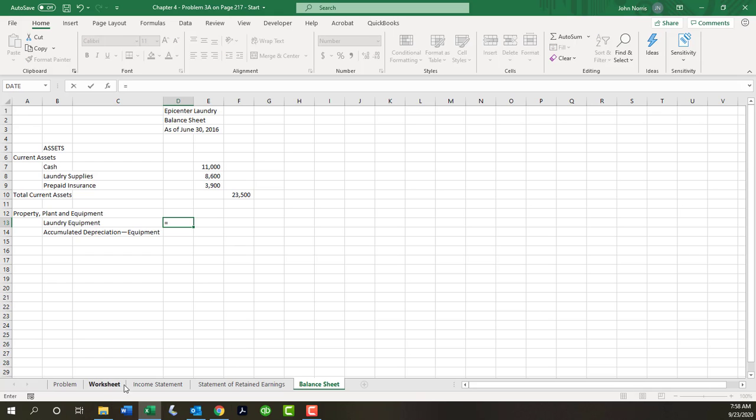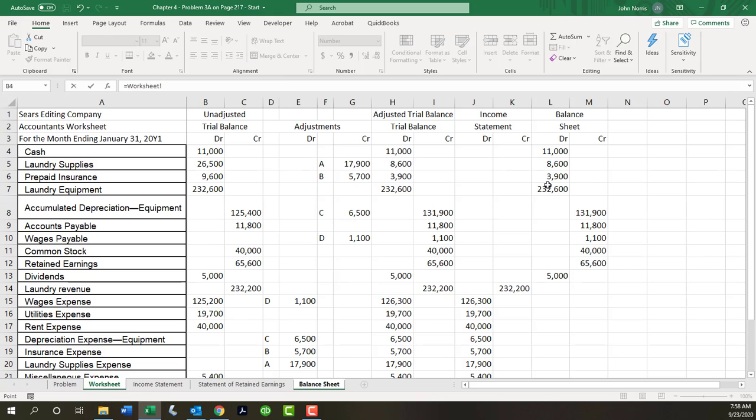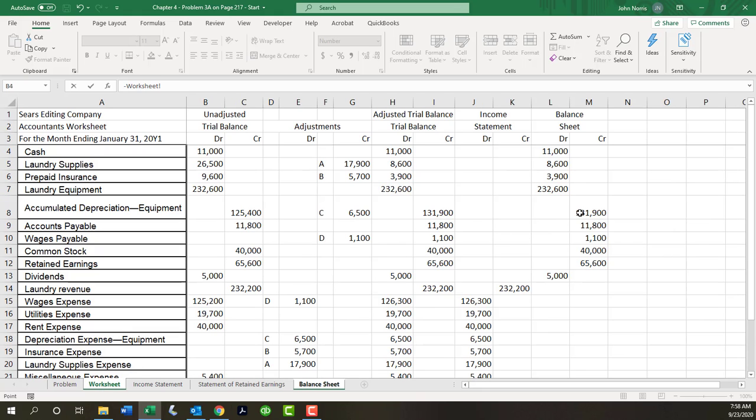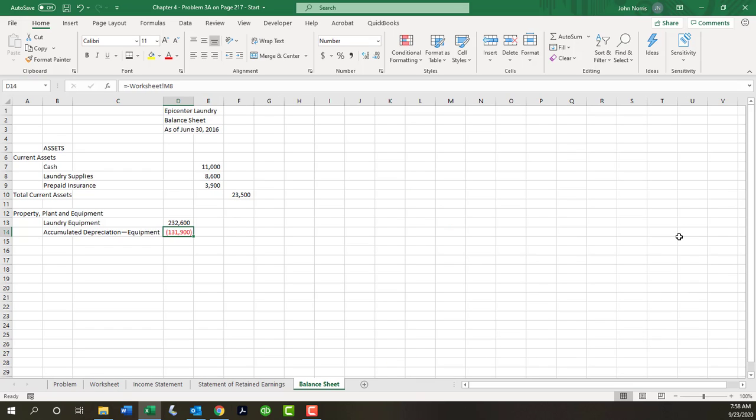So we have laundry equipment of $232,600, and then accumulated depreciation, adjusted accumulated depreciation of $131,900. Actually, I can move both of those over here. Make that a little smaller.